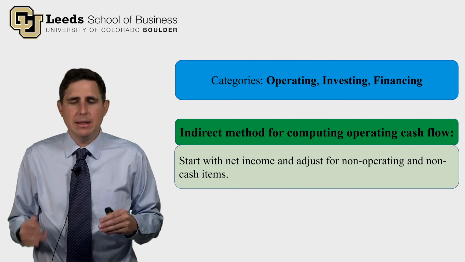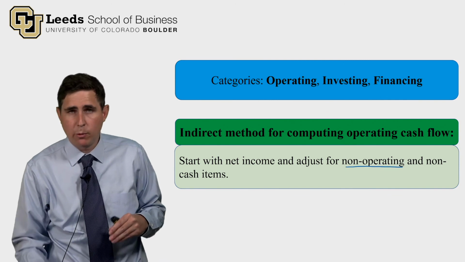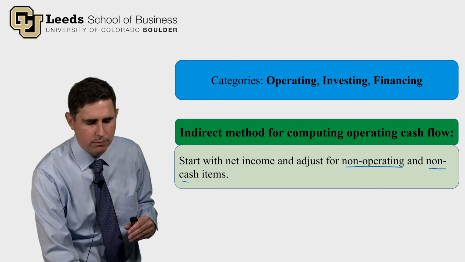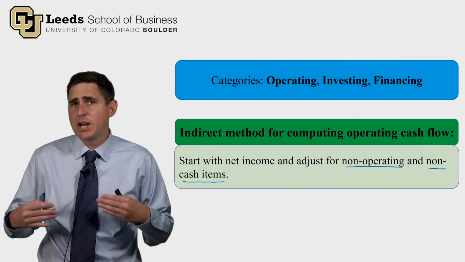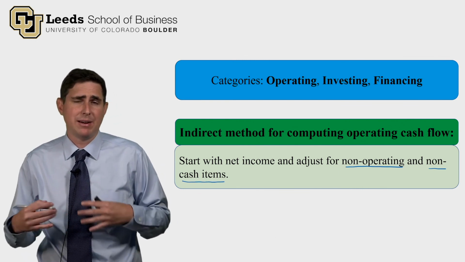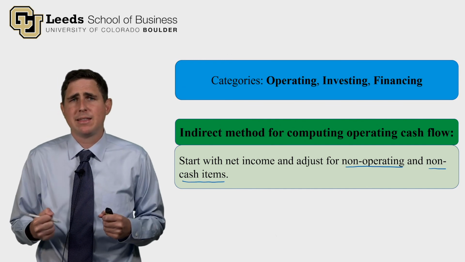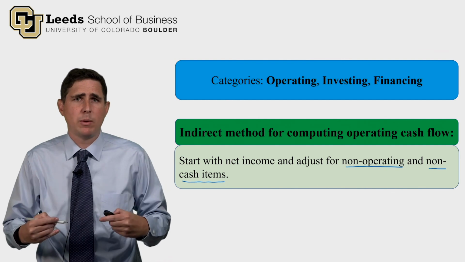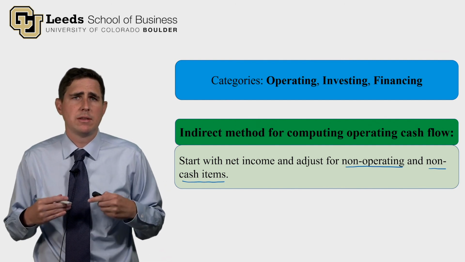We take out anything that is non-operating, so remember when we took out that gain, and we took out anything that's non-cash. So anytime cash wasn't actually changed hands, but net income was affected, we had to take that item out of net income. And so that's how we compute operating cash flow using the indirect method.